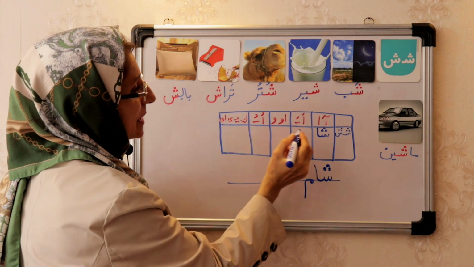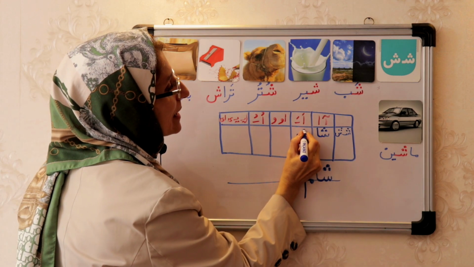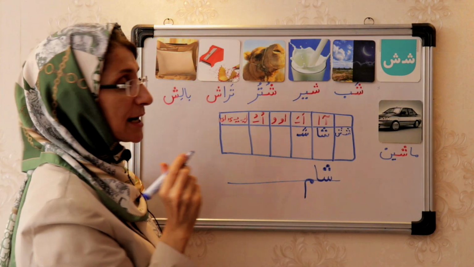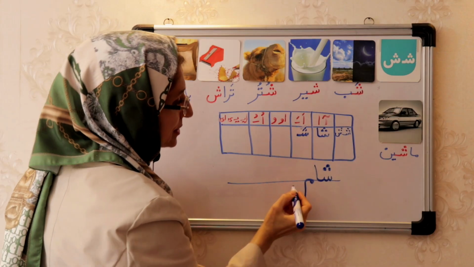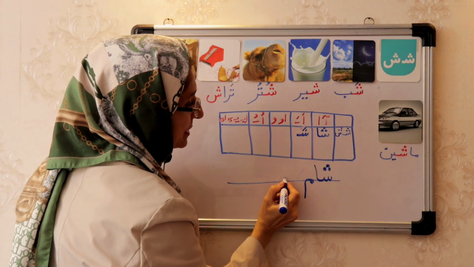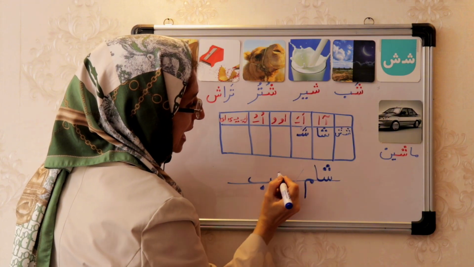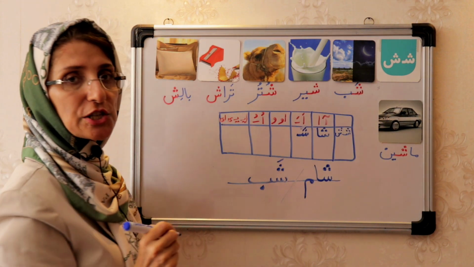Sham. If we make friendship between sh and a, then we have sha. I write it here that you can see better. Shab.